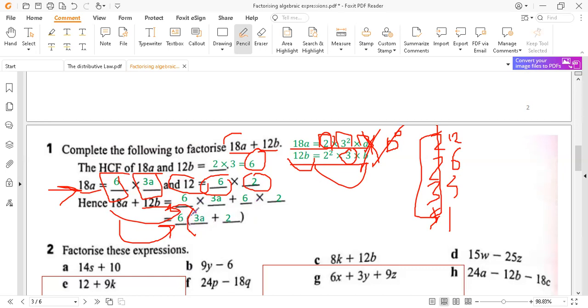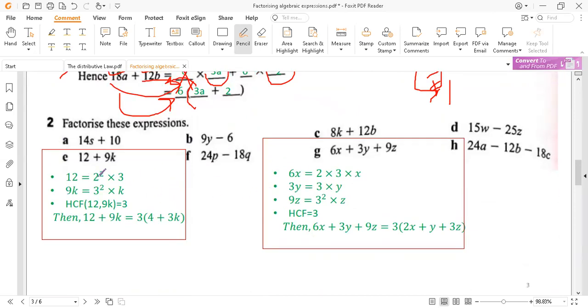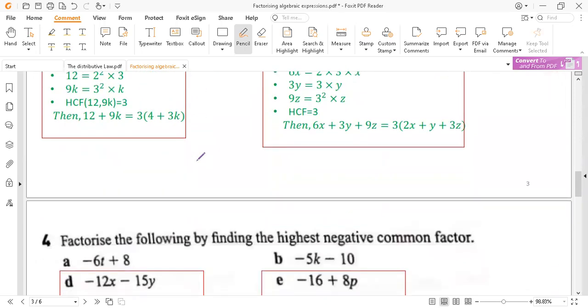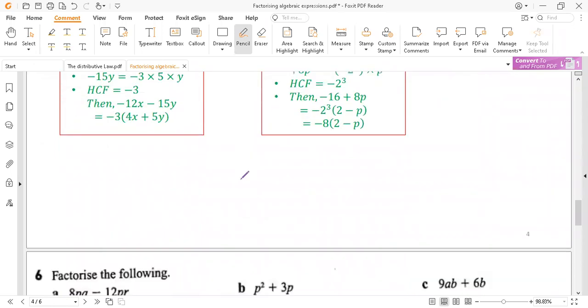After taking away 6 from the first term, it remains 3a, and the second one remains 2. It's easy. You can also take the second exercise as homework, and also the fourth one.